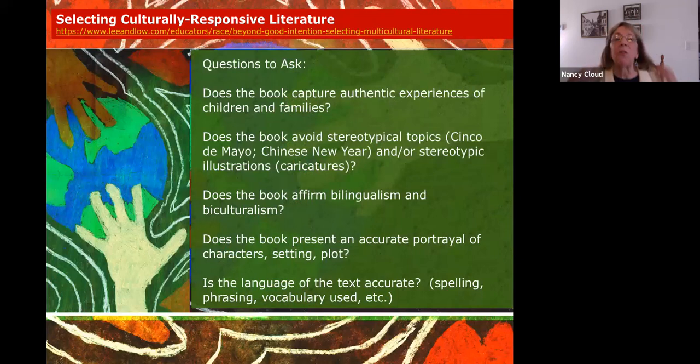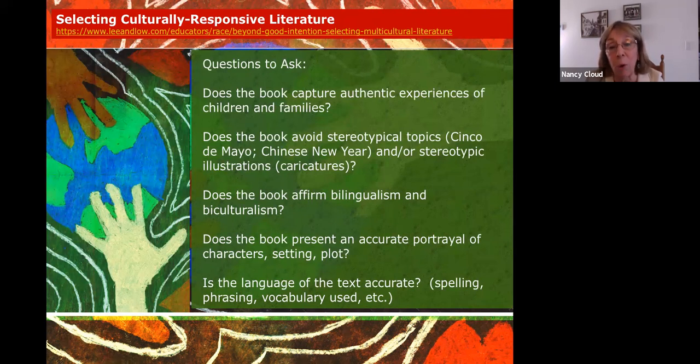So some of the questions you want to ask yourself is, does the book that I'm thinking to use capture authentic experiences of children and families? Does the book avoid stereotypical topics? Like, you can't imagine how many books, when I was hunting for Chinese English stories, had to do with Chinese New Year. And that's wonderful.